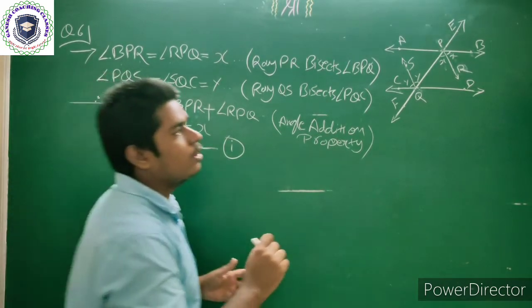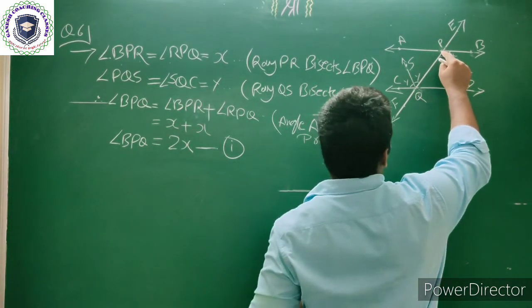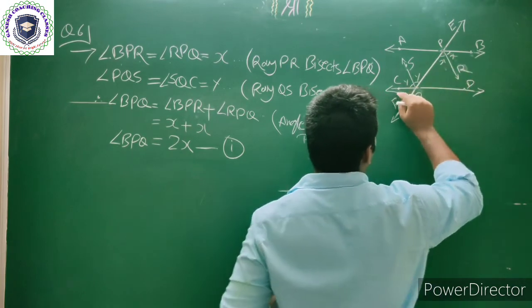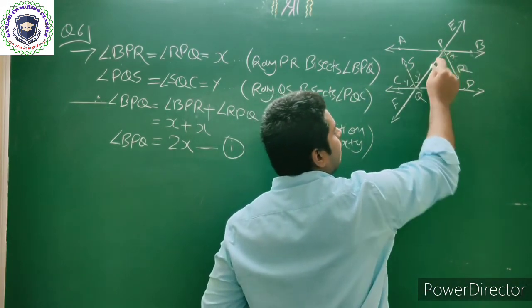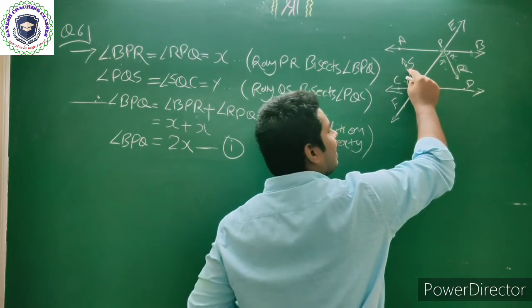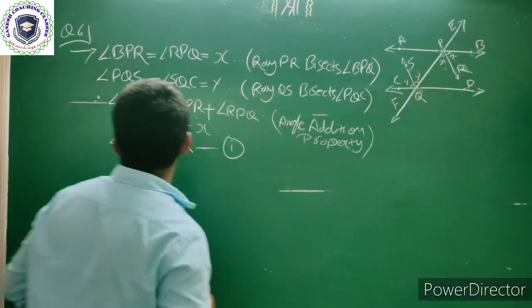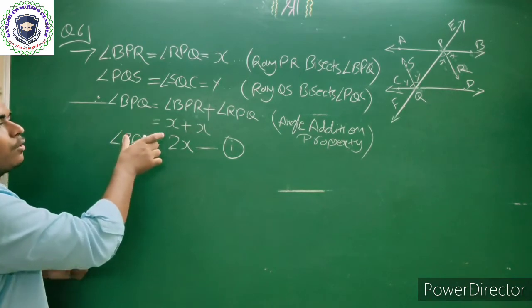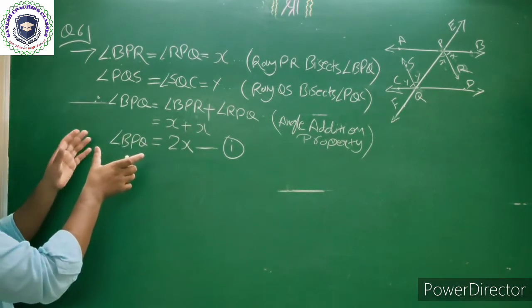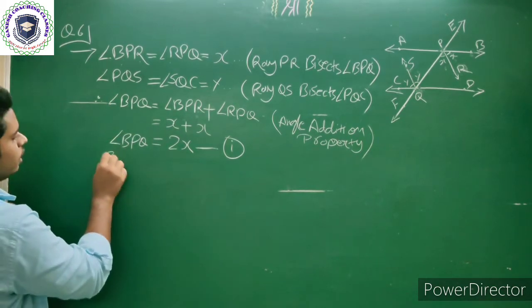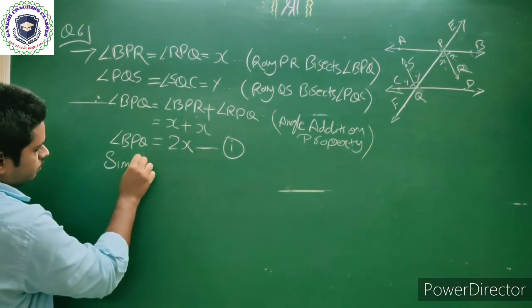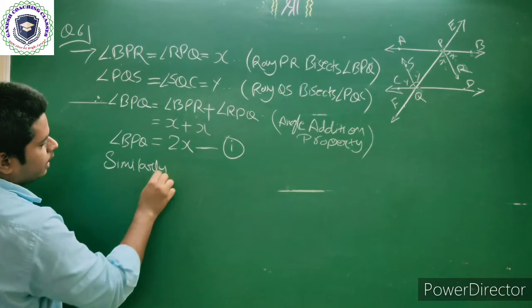Now we have to find the measure of angle PQC. Again it is divided into two equal parts, that is angle BQS and angle SQC. Similarly, we are not going to solve these steps here, because we will get the same answer.